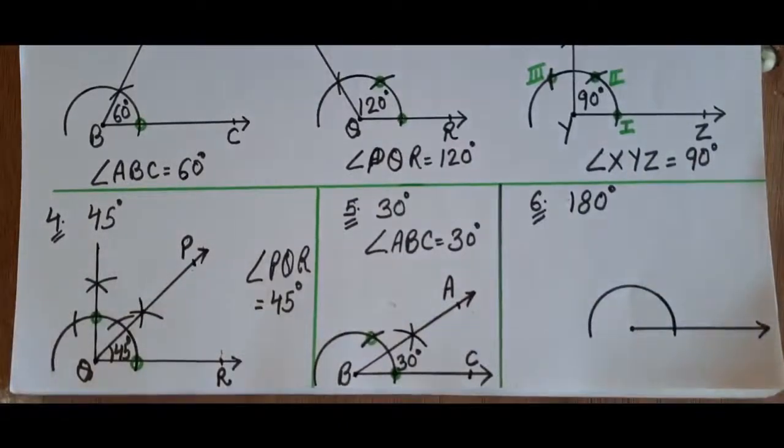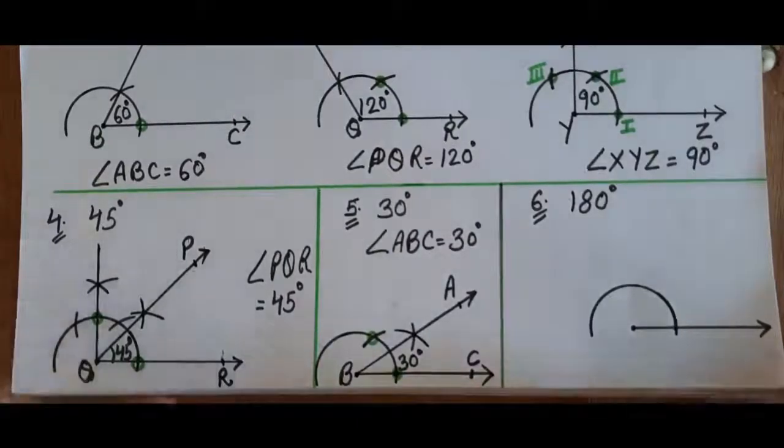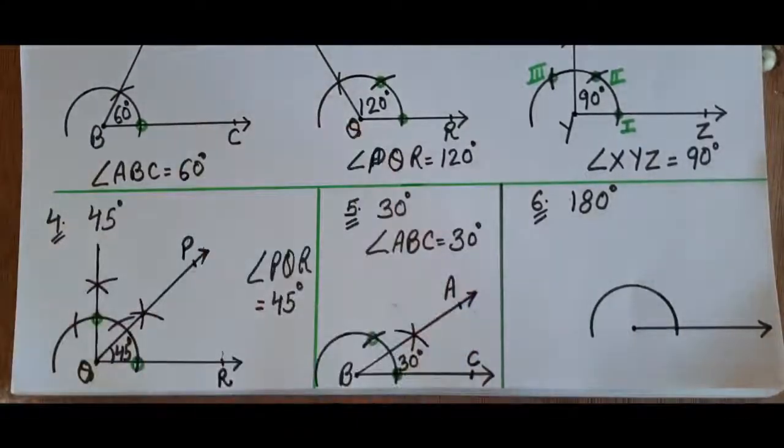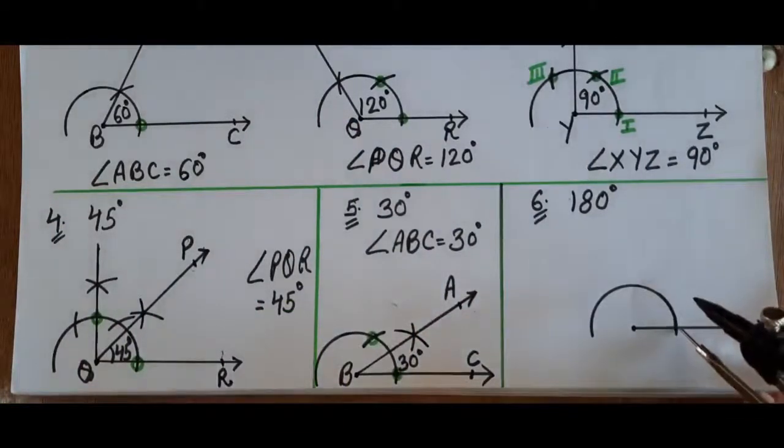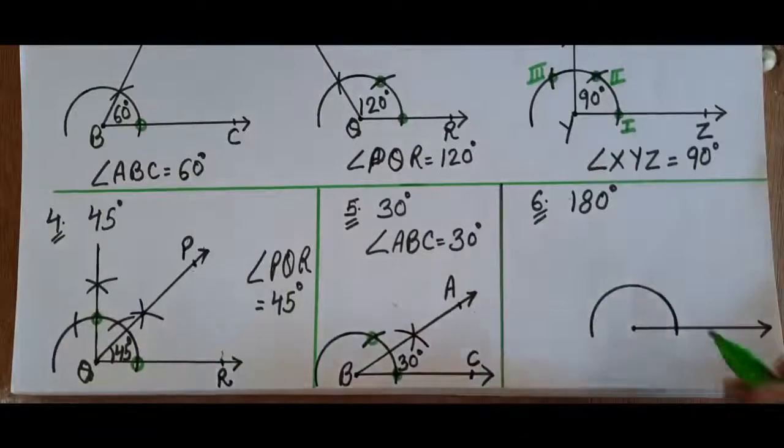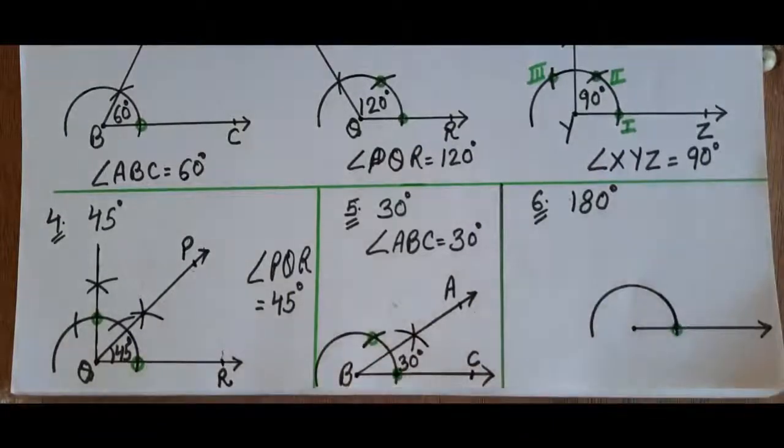Now, you know that 180 degrees is 3 times 60 degrees. So, we will cut the arcs now 3 times. Like in 120 we cut the arcs 2 times, in 180 degrees we will cut 3 times. So at one time we will place the compass point at this point.